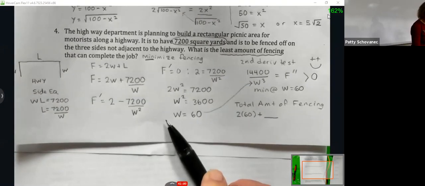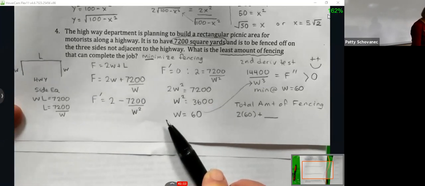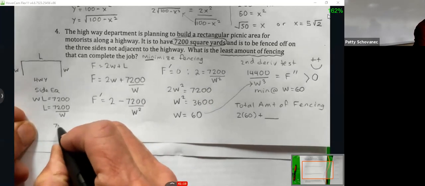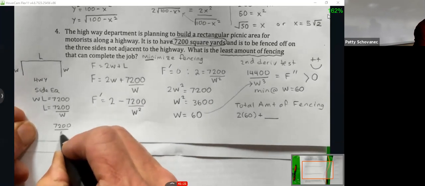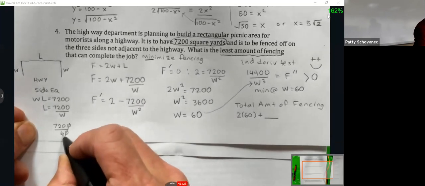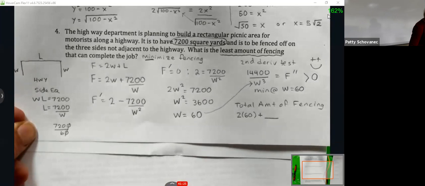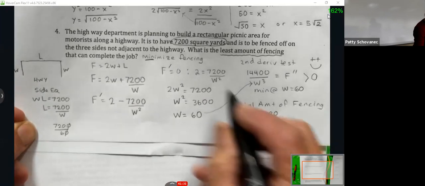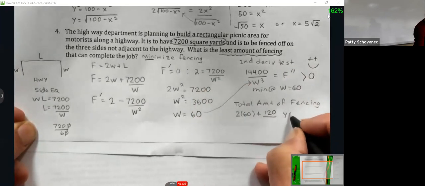Here my side equation. L is 7,200 over W, so 7,200 over 60. 6 times 12 is 72, so that should be 120. And that will be in yards.